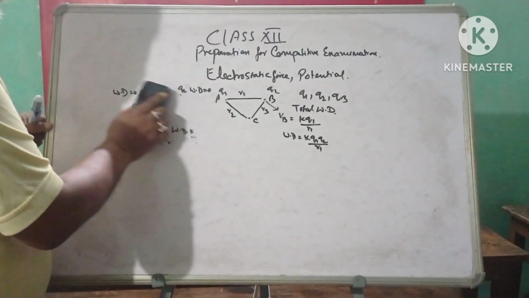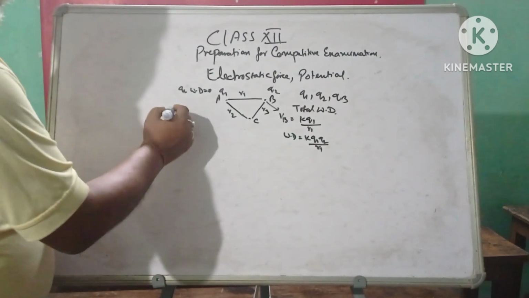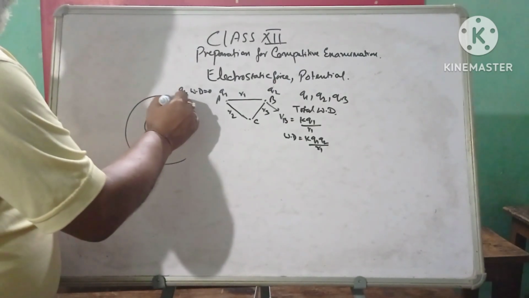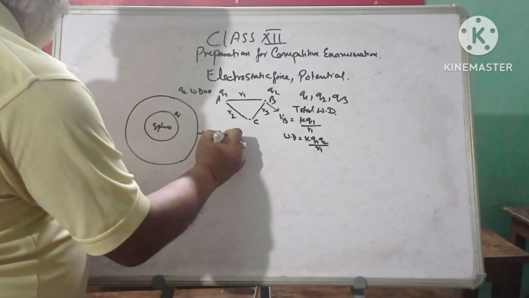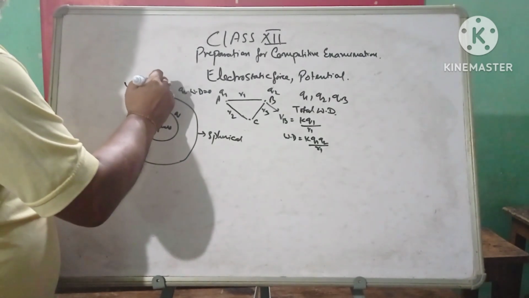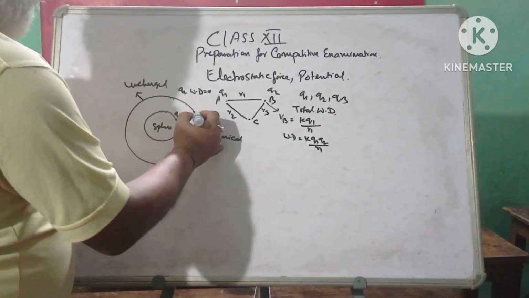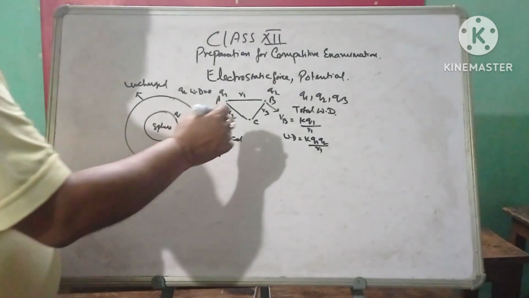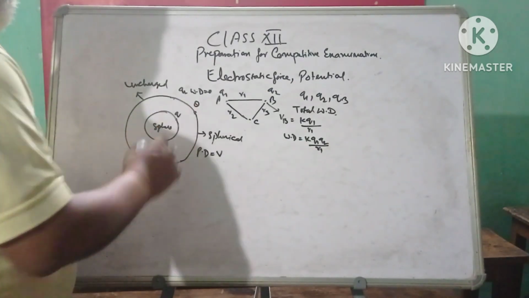Why have I told you this? Let me give you an example. Suppose this is a sphere having a charge Q on the surface, and there is another spherical shell. The shell is uncharged, and the potential difference between the solid sphere surface and the shell surface is V. Now if you bring another charge here, what will be the potential difference between these two surfaces?